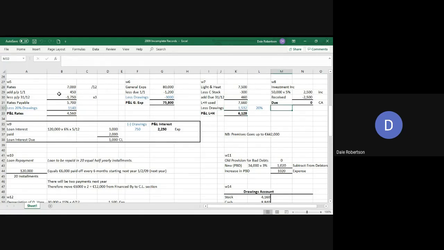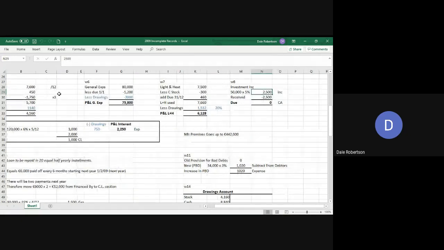And then finally, maybe we should have done this as working seven, the investment income, because this is also in the top sentence. We have a €50,000 investment. We're told that it's a 5% investment. So therefore, we should be entitled to €2,500 of an income. If you check paragraph number 3, it does say that during the year, Fuller lodged to the business bank account an EU grant of 6,000, which will be capital introduced later on, and investment interest of 2,500.